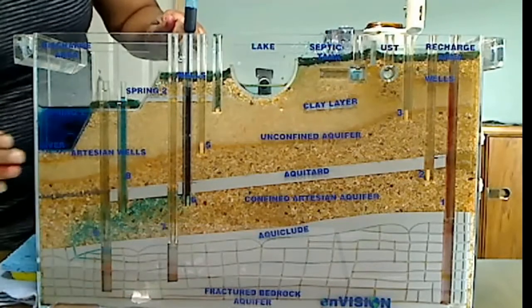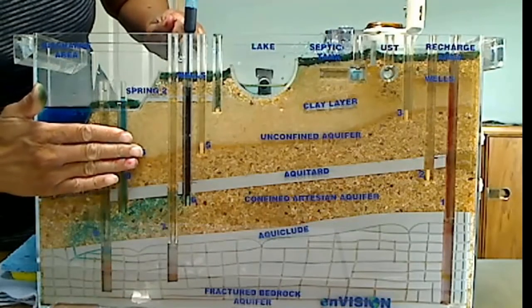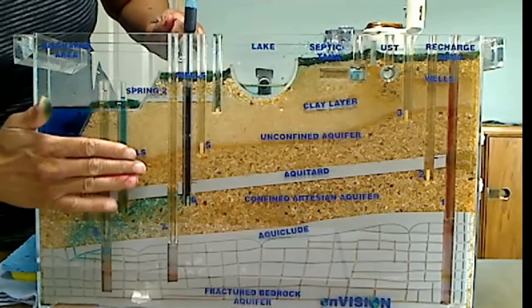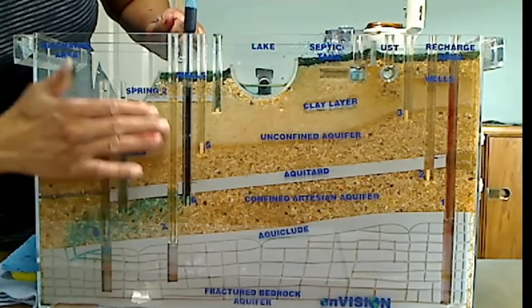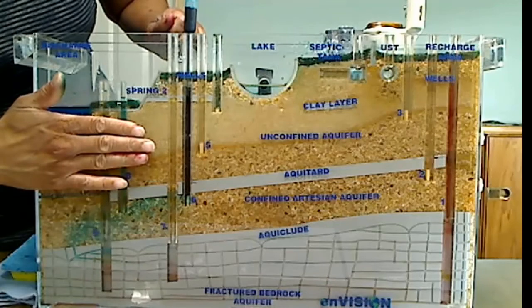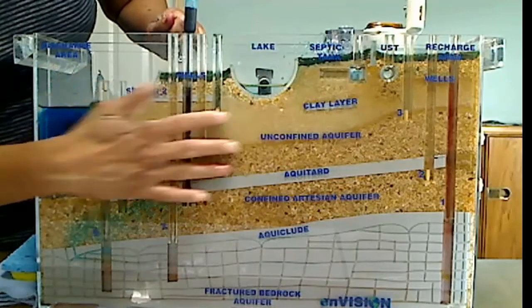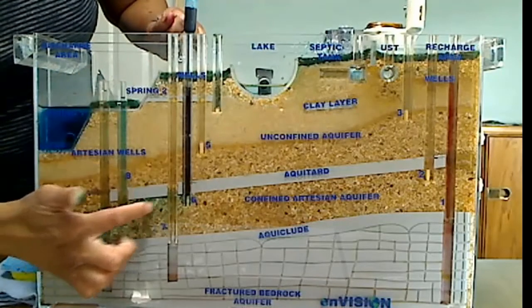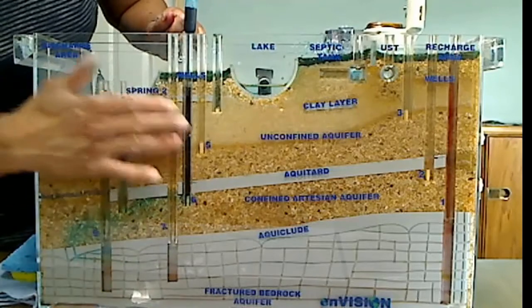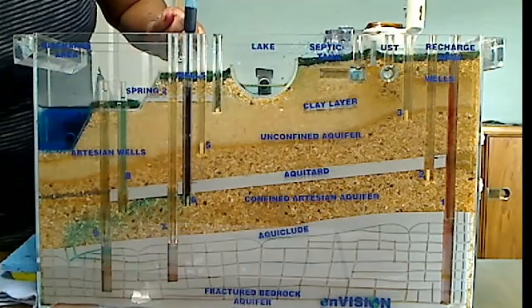So there is no mixing of the water that's stored in that separated aquifer, the unconfined aquifer up here. Notice how the blue color stayed here and did not affect other places of the aquifer.